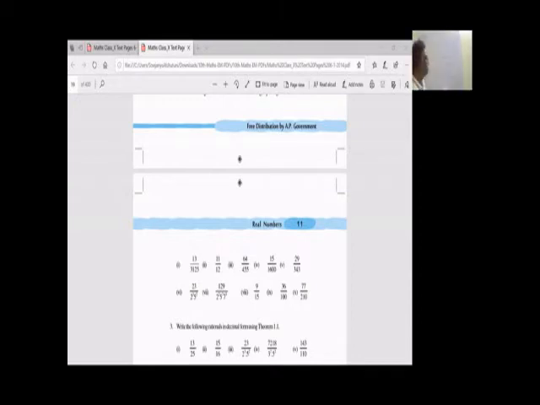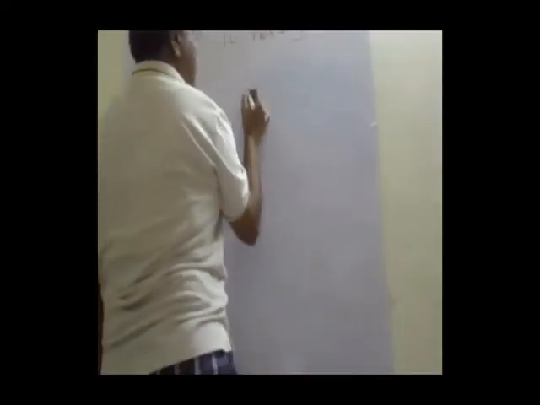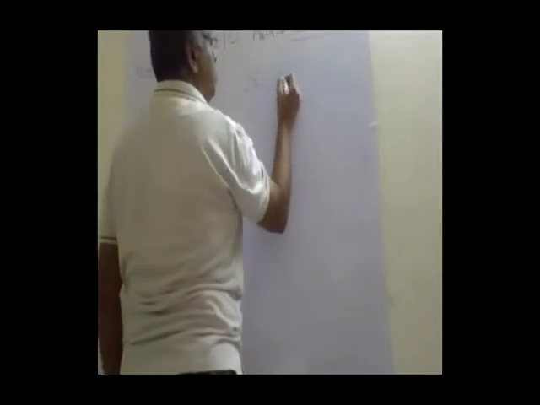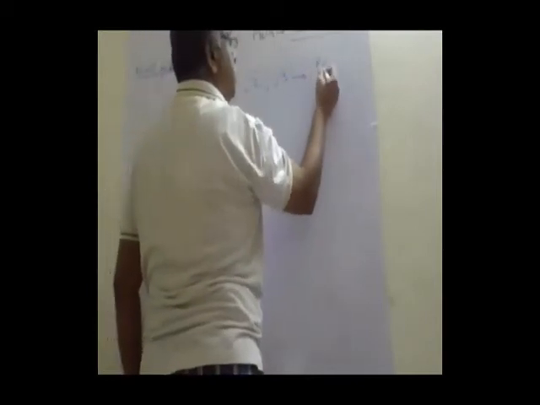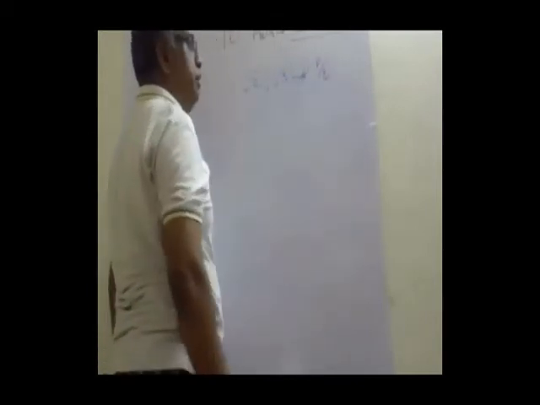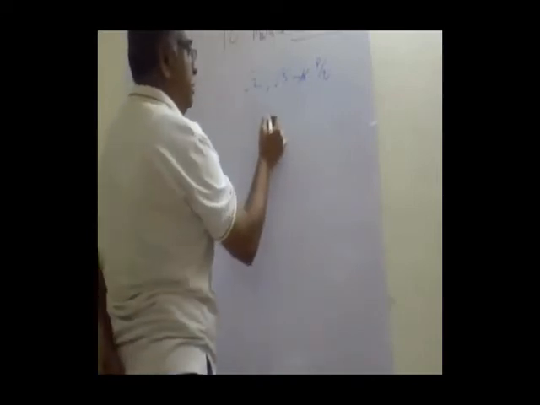Suppose... so our objective is to prove that root 2 or root 3 cannot be represented in the form of p by q. Suppose you take a number 2.